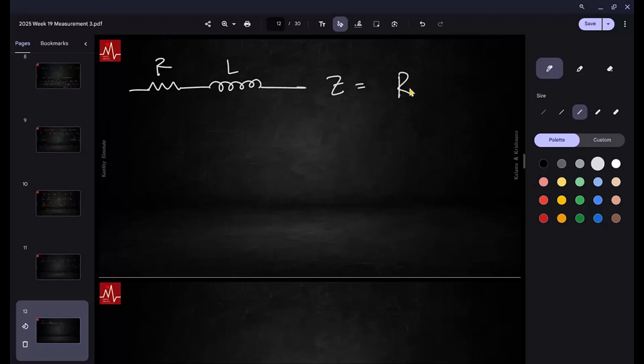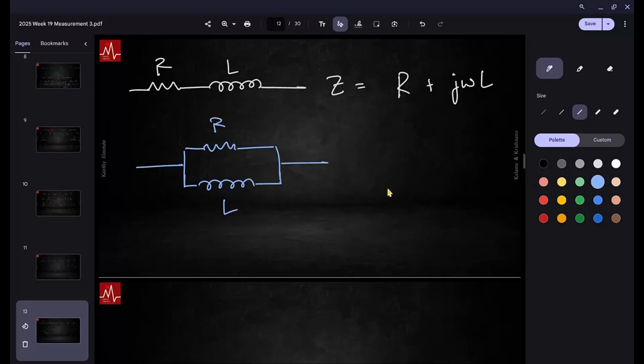Now this is R plus. I'm not going to write ZR plus ZL. This is R plus j omega L. Let's do this. I'm color coding it, so I'm not using subscripts to make it.